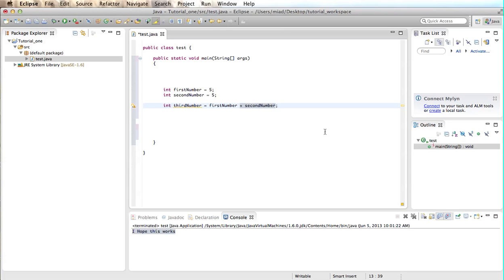If I got rid of second number and said third number just wants to be a copycat and be like the first number, then third number would actually equal 5 as well in this situation. And it's the same, you can say minus second number, and that would of course equal 0, because 5 minus 5 is 0. There is also multiply, which is the star, so shift 8, and there's also divide.